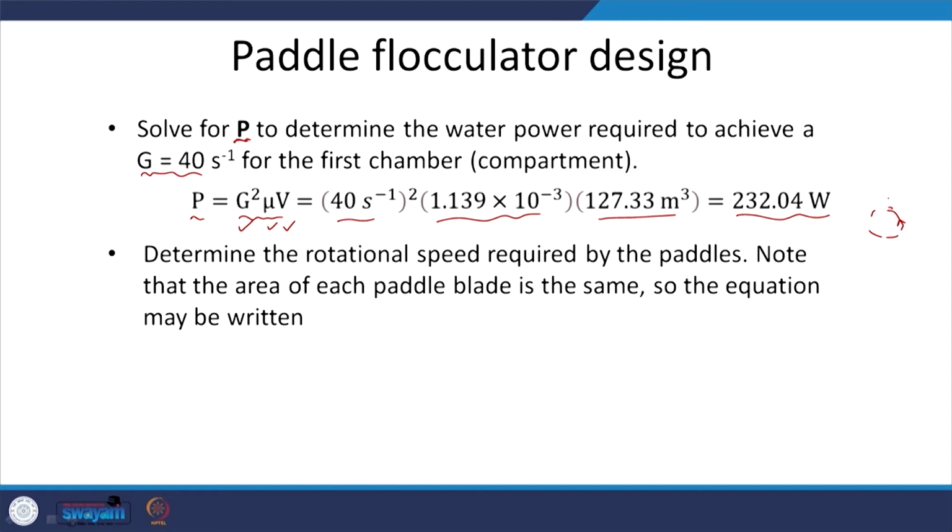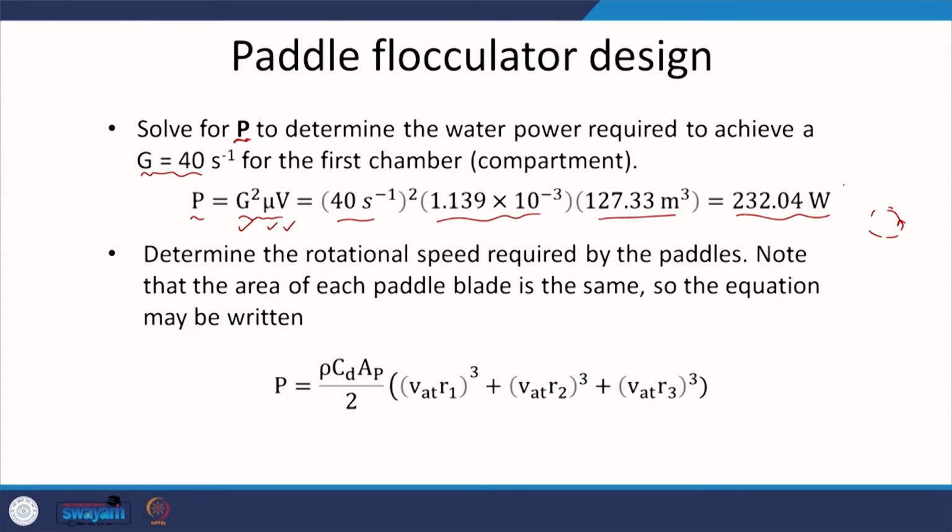So here we are taking a slightly different approach based on the relevant clearances and the diameter or the spacing available. We calculated the area of each paddle, and from that we are going to calculate the velocity. So depending on the information available, you will take one approach or the other. So here we have the power. For example, earlier we saw this particular equation, power is equal to coefficient of drag, area of the paddle, and velocity of the paddle cubed by 2.